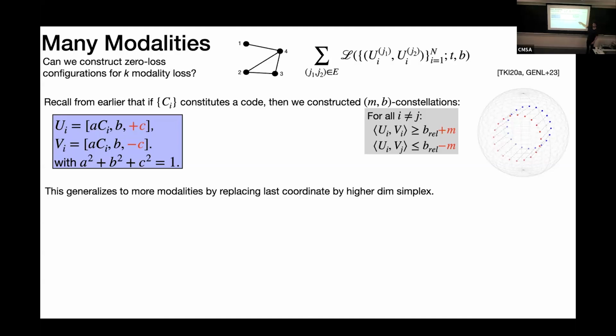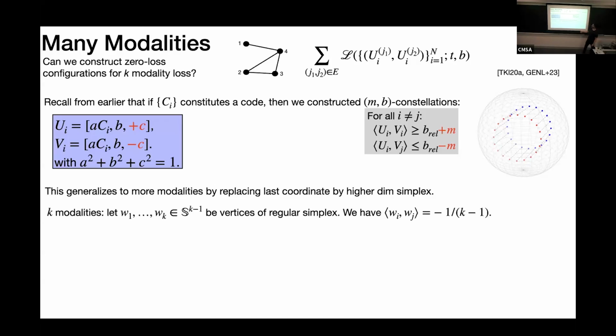So actually, this plus and minus is a one-dimensional simplex. That's k minus 1: 2 modalities minus 1 gives you a line. So that's this direction. If you have k modalities, then you can take points on the regular simplex, with the centroid as the origin.